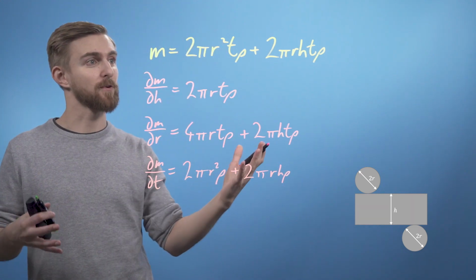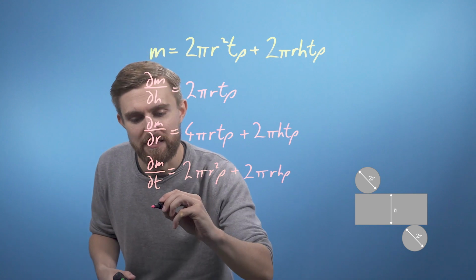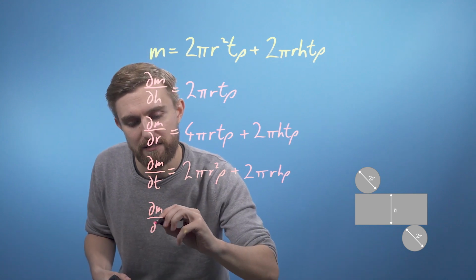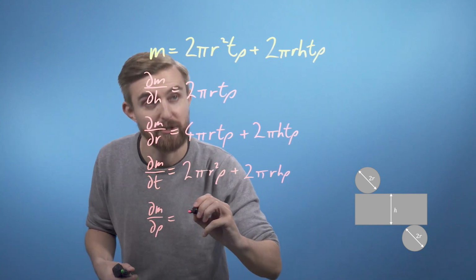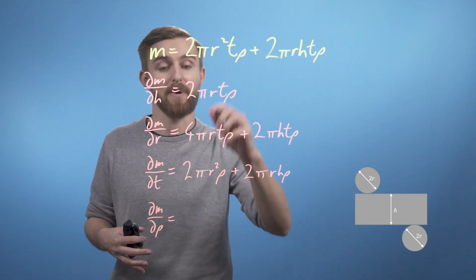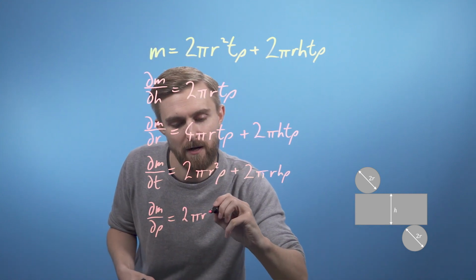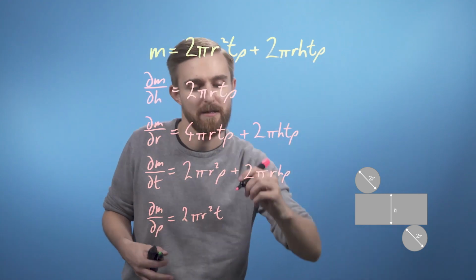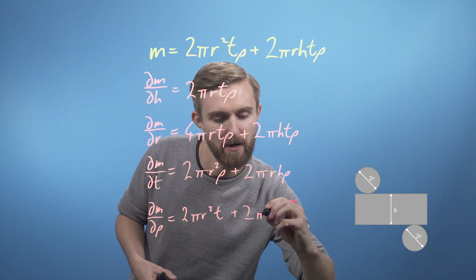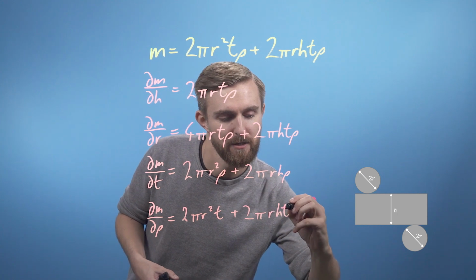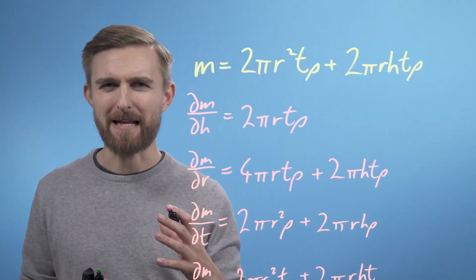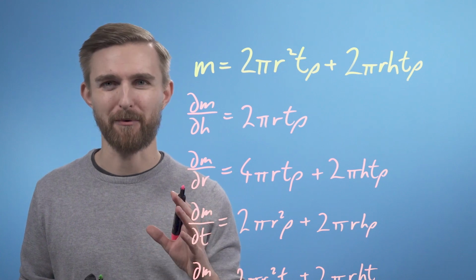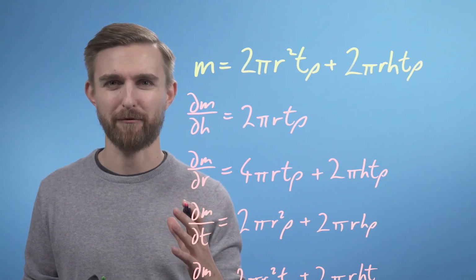And finally, all we've got left is ρ, so we can say dm by d ρ is just going to equal 2 pi r squared t plus 2 pi r h t. And really, although this is quite a straightforward example, that's basically it for partial differentiation.